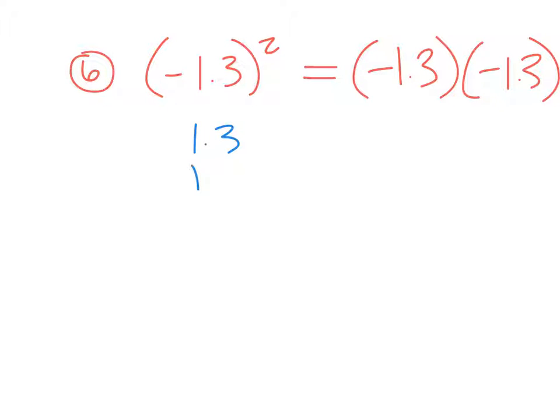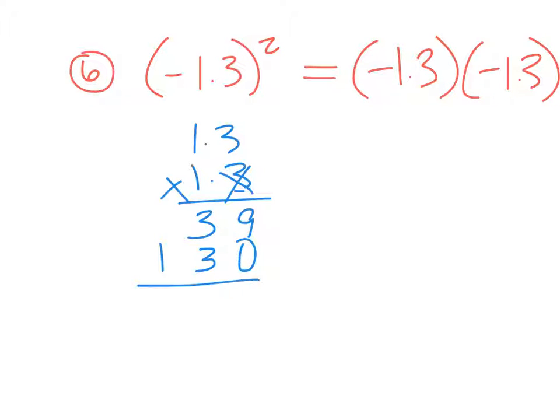Positive. So all I have to do is 1.3 times 1.3. 3 times 3 is 9. 3 times 1 is 3. Done with that, put a 0. 3 times 1 is 3. 1 times 1 is 1. 1.69. And then the decimal goes here. Everybody get 1.69? Yes. You may use a calculator on these if you want to. It's important you know how to do it, though.